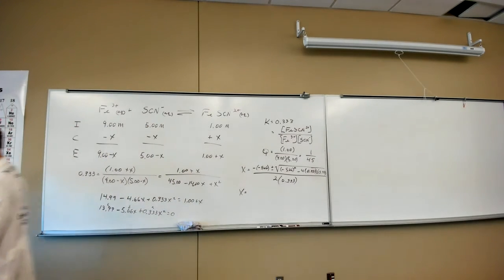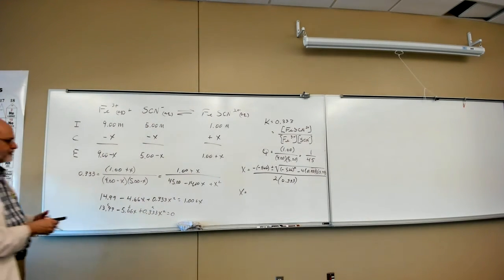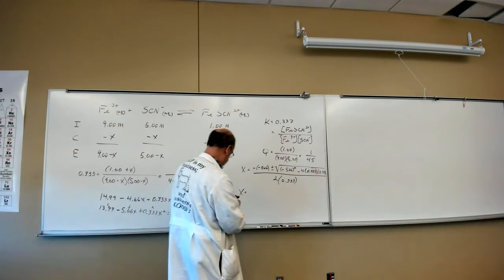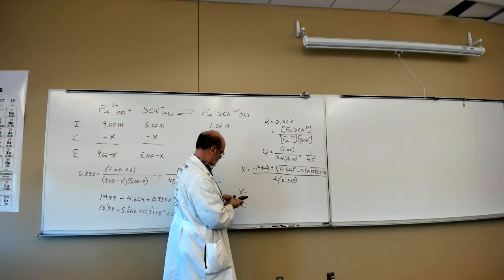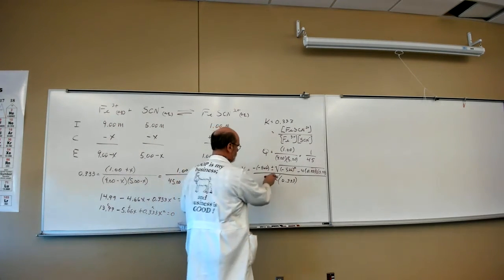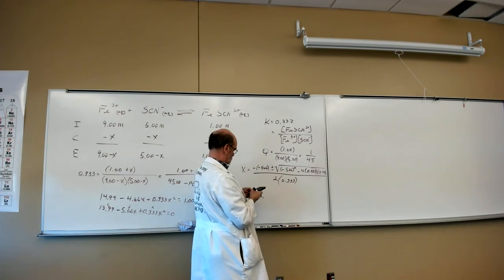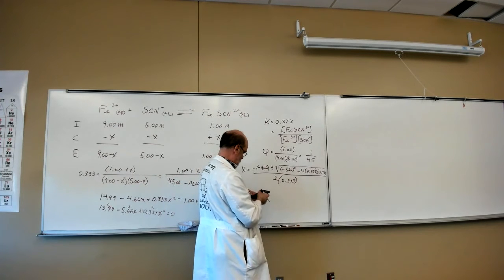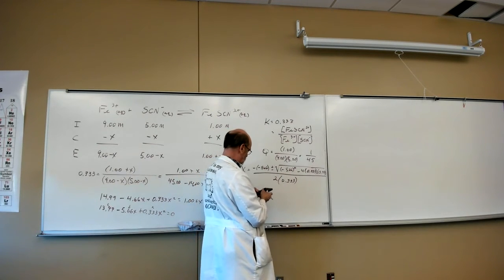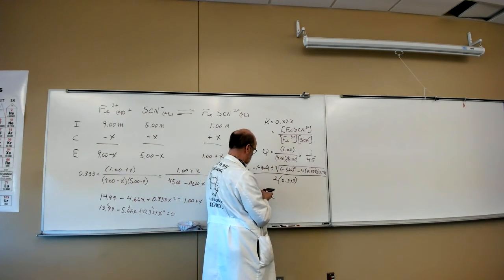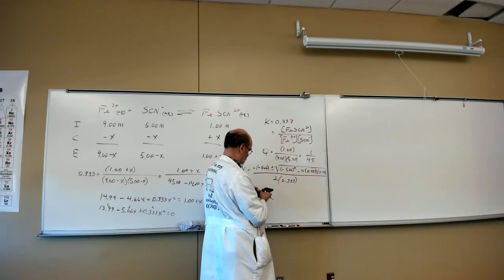So, what can x be? All right, so we have 5.66, and then we have this term resolving to what? Square it, and then 4 times 0.333 times 13.99, minus.